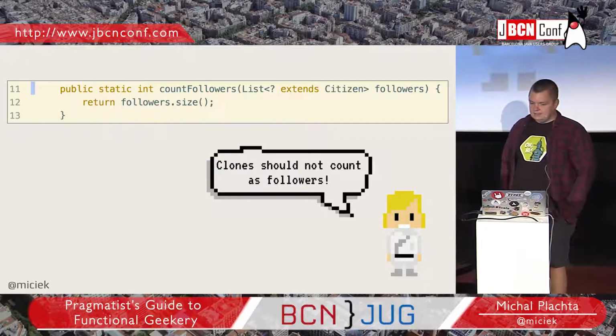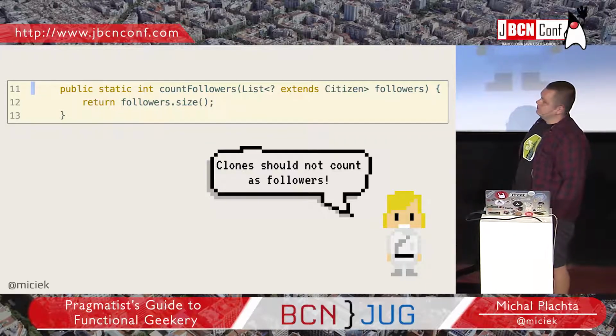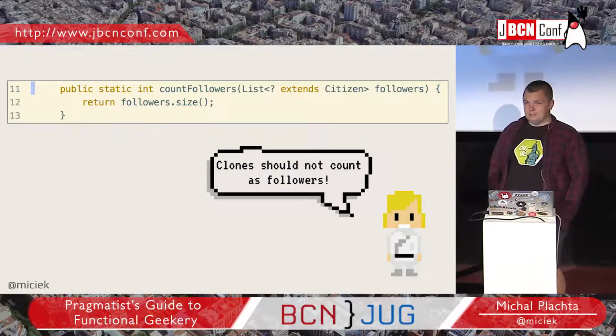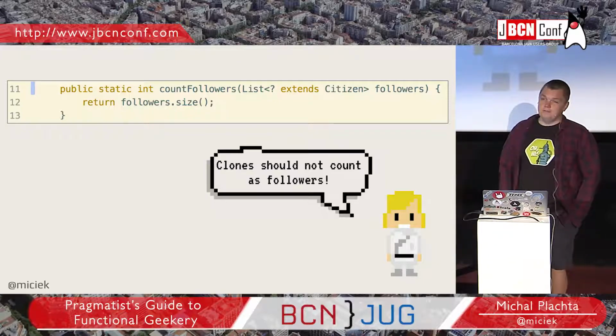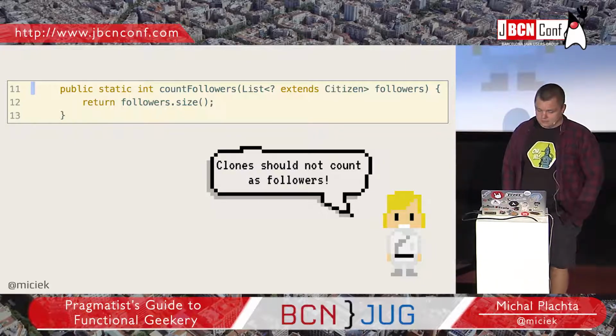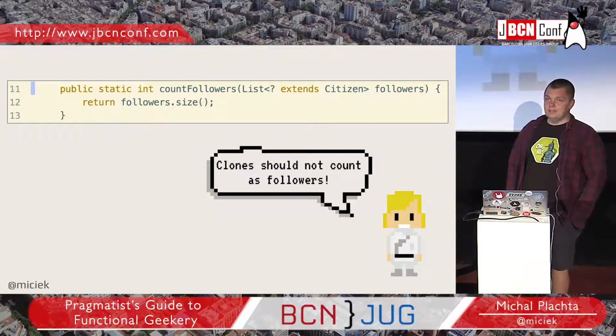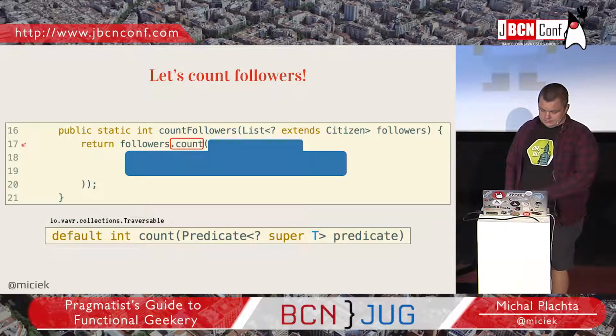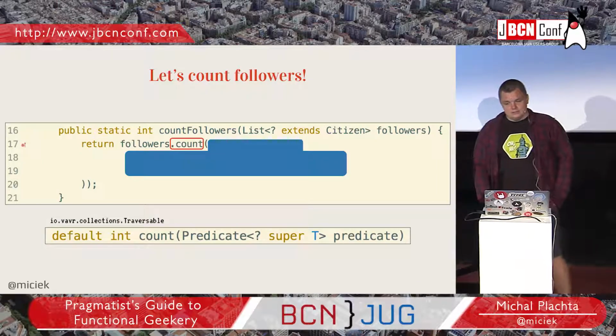He says that clones should not be counted as followers. We go to our code and see that we just return the followers list size, so clones are basically counted as followers. So it is a bug. The user is right, so let's fix it.